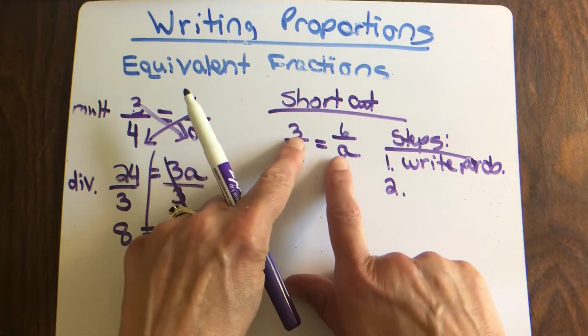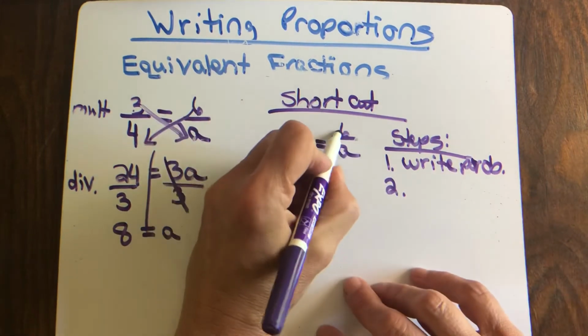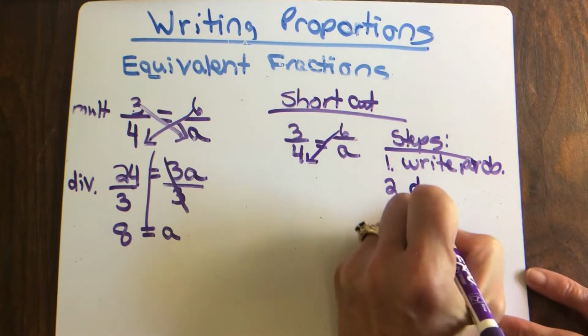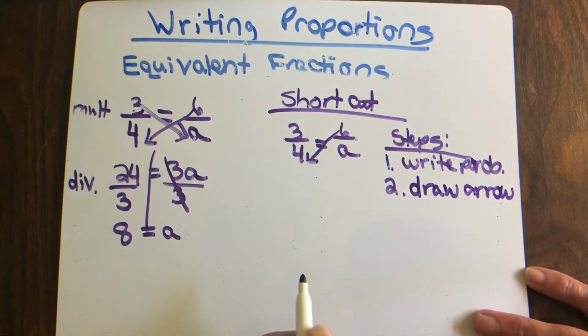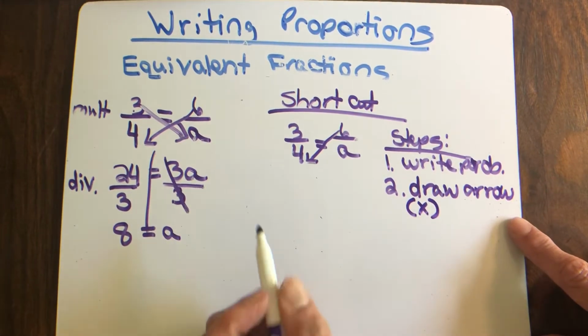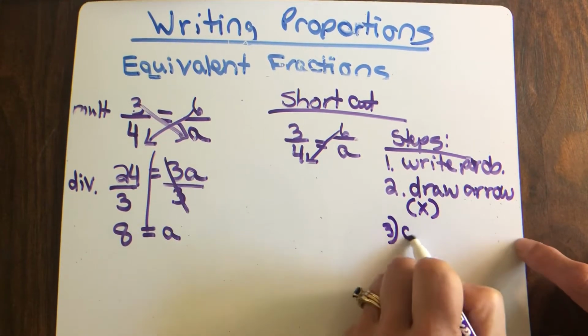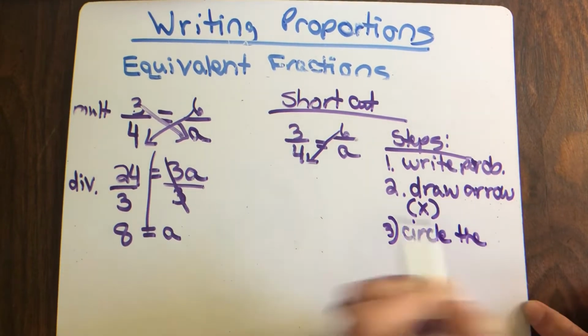Then we're going to draw an arrow where the two numbers are diagonal. So look at this. Are there two numbers diagonal here? No. Are there two numbers diagonal here? Yep. So we're drawing an arrow. And I physically want you to draw it. And where we draw that arrow, that's what we're going to multiply. And then for step 3, we want to circle the third number that's not involved, the leftover number.